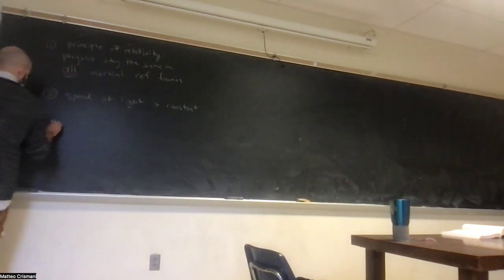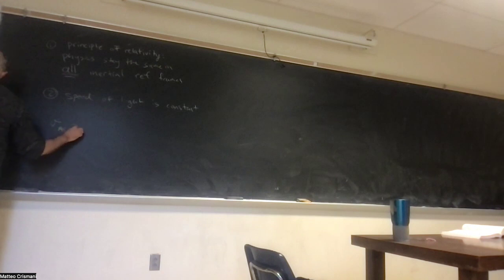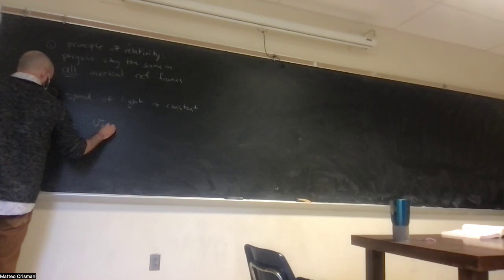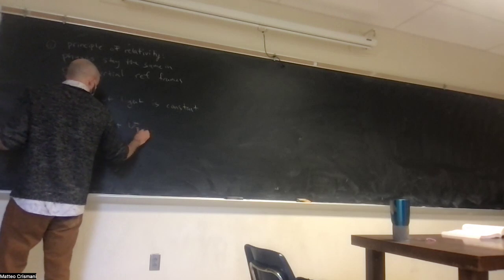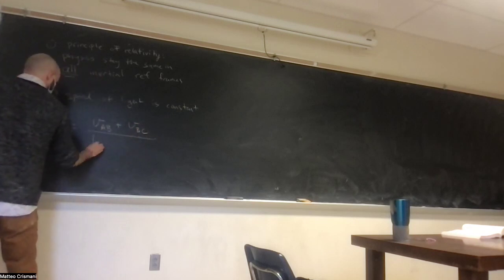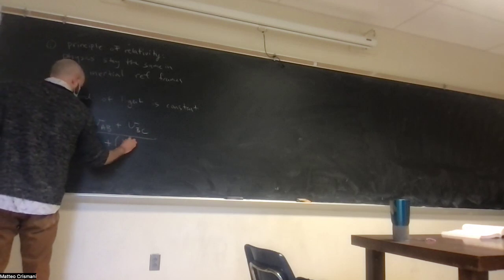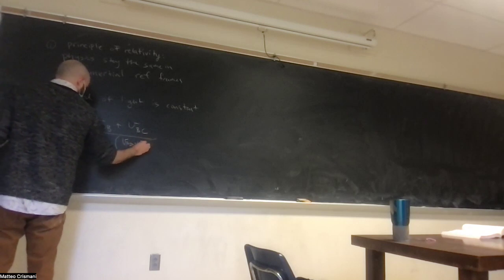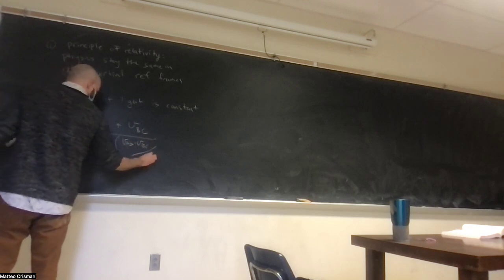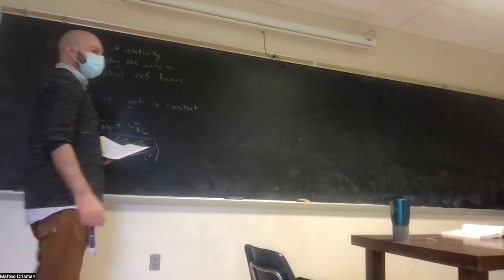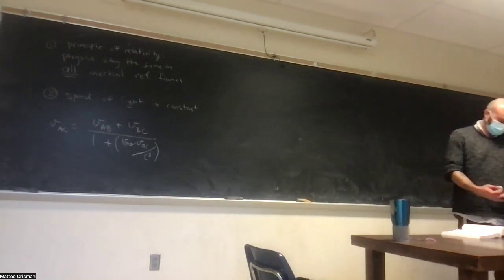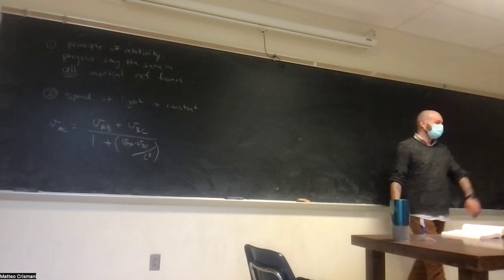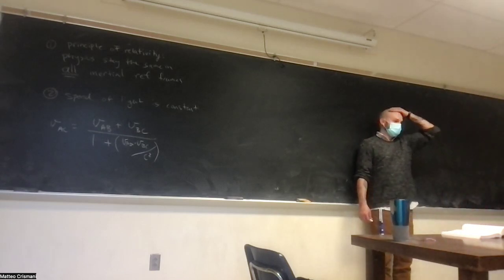The velocity of A from C is the velocity of A from B plus the velocity of B from C, but moderated by 1 plus V_AB times V_BC over C squared in the denominator. It limits how fast things can go.